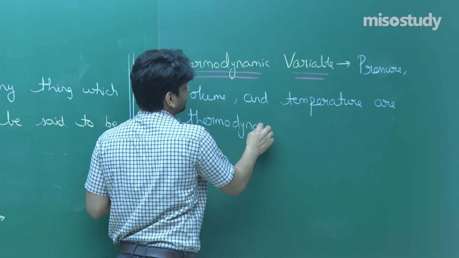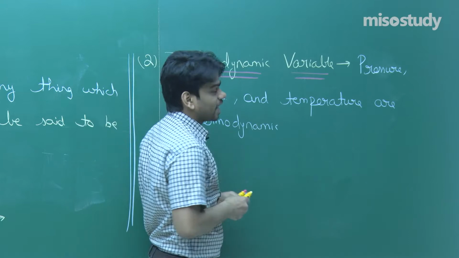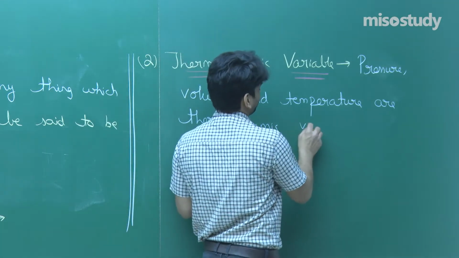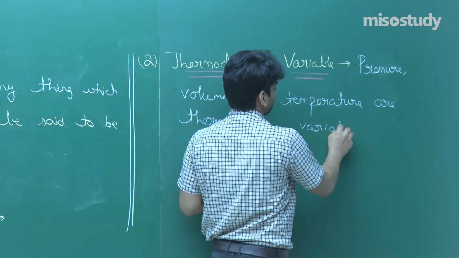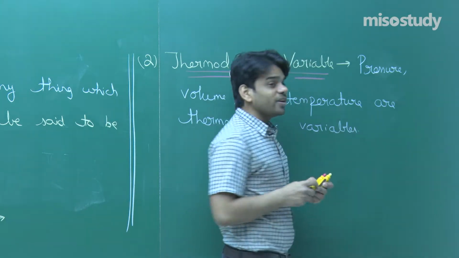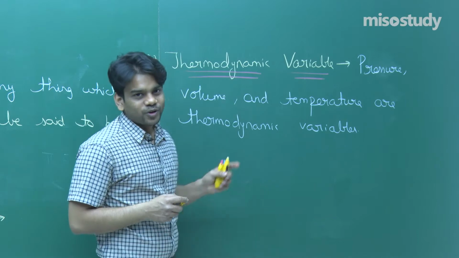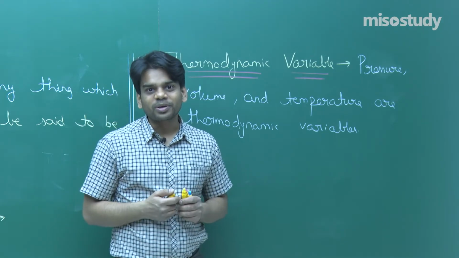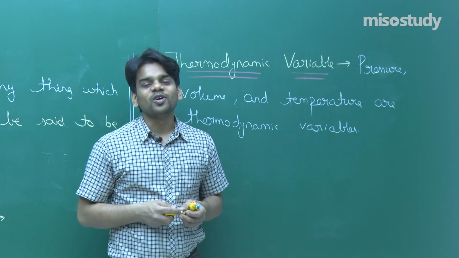You may be thinking about some more variables that can be used to denote the state of the gas. Two more variables I am going to add here: entropy, denoted with the letter S, and the internal energy of a gas, denoted with the letter U. Need not worry about the term entropy, we will be discussing it, and internal energy too.